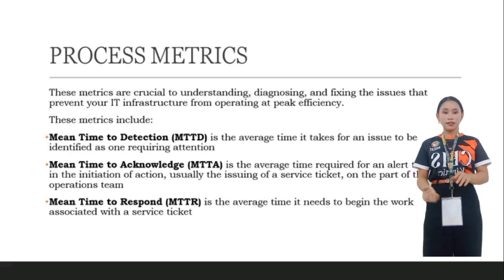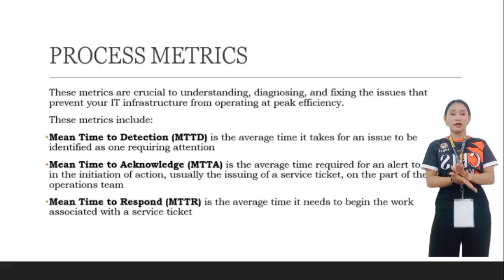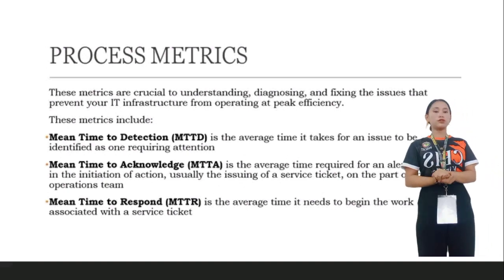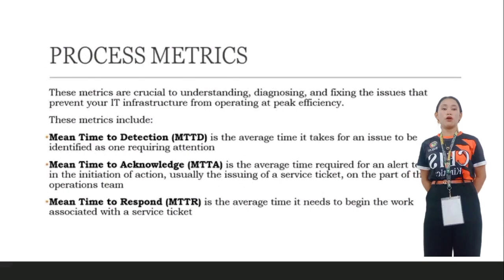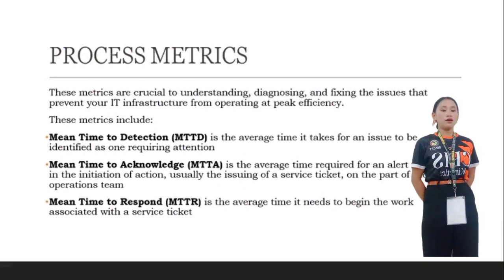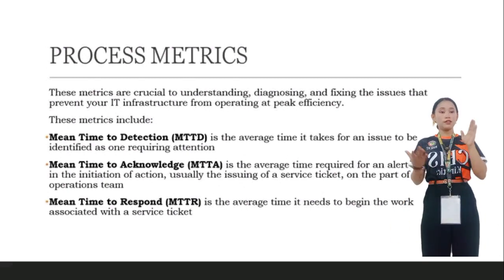The second is mean time to acknowledge, or MTTA, the average time required for an alert to result in the initiation of action, usually the issuing of a service ticket on the part of the IT operations team.